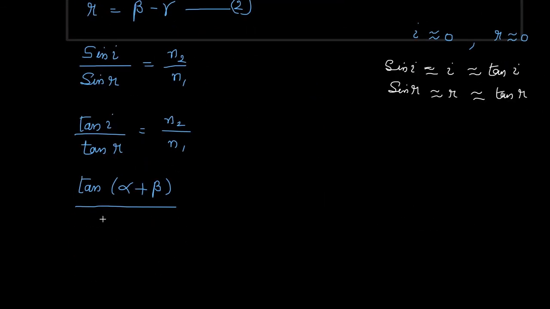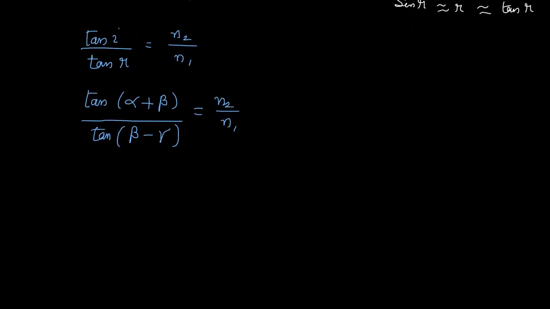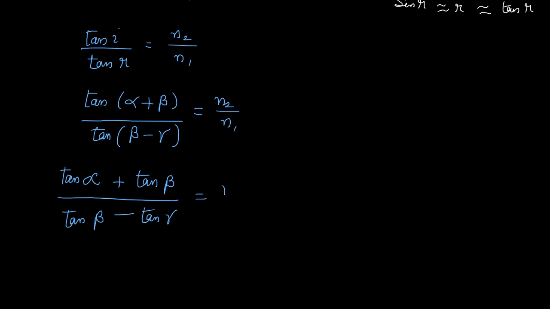So tan R is tan of beta minus gamma, equal to N2 by N1. Let us approximate tan of alpha plus beta as tan alpha plus tan beta. Similarly, tan of beta minus gamma is written as tan beta minus tan gamma. That is equal to N2 by N1.